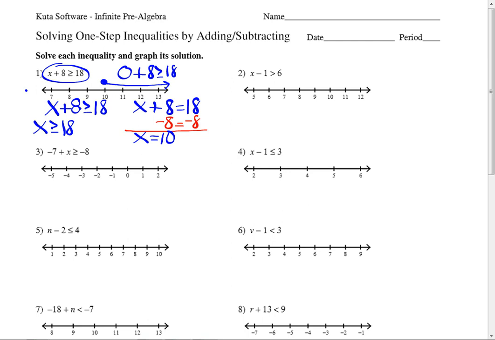Okay, Michael? I'm doing this a little different approach. I want you to think about what it means to solve. What does it mean to solve? Solve means find the number or numbers that make the sentence true.